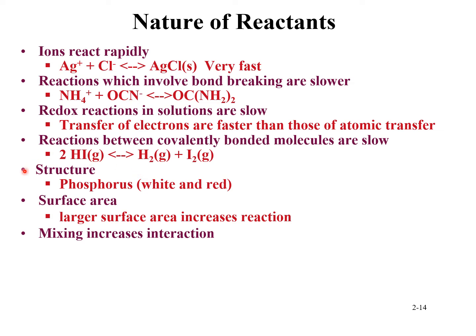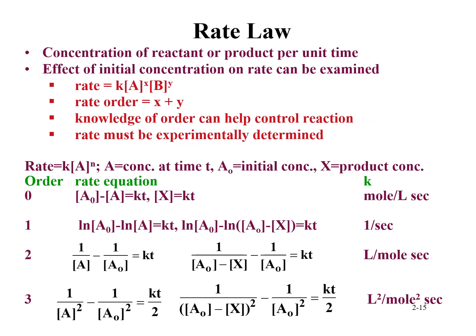Structure can affect reactions, and a great example is with phosphorus. White phosphorus can be kinetically fast, but red phosphorus can be slower. Surface area. Larger surface areas can enhance reactions. This is often used for development of catalysts. Something as simple as mixing is known to increase reaction rates. One way of describing the rates are rate laws.